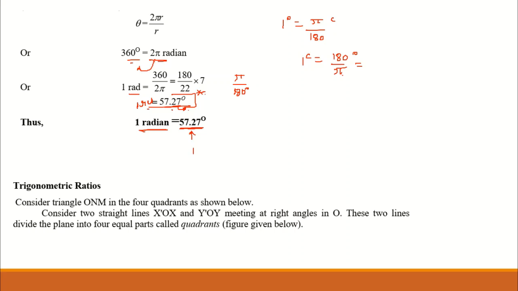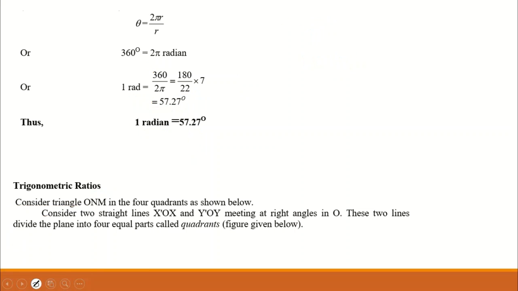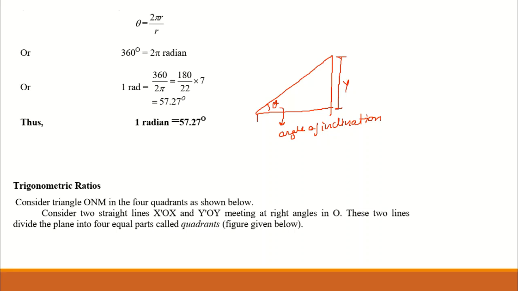Now coming to the trigonometric ratios, let's begin with the part of trigonometry. What does trigonometry mean, why is it required, and what is the use of trigonometry? As we have discussed in the previous class, trigonometry measures the angle by which a substance is inclined, the angle of inclination, and the height it has traveled in the vertical direction when it has moved some horizontal distance.